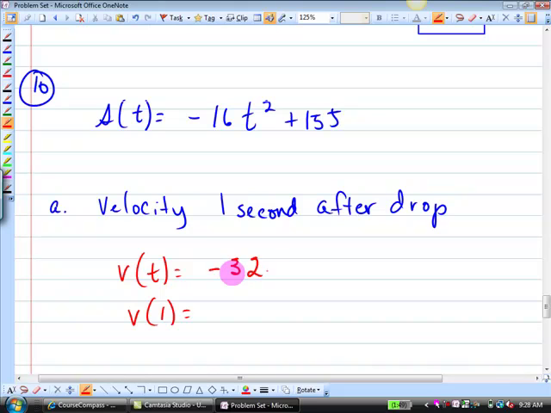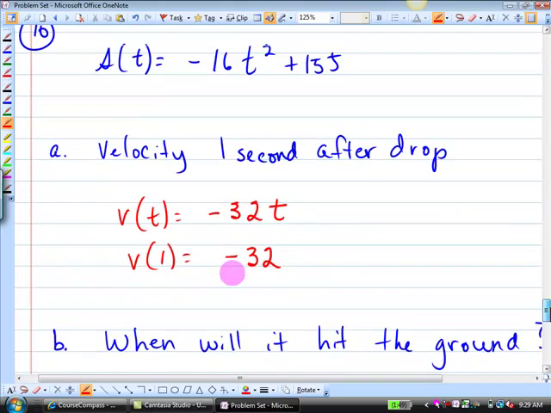Negative 32t. And so velocity after 1 second has dropped would be what? That's v of 1. Negative 32. Why do you think it's negative? Dropping. Heading down. Okay.